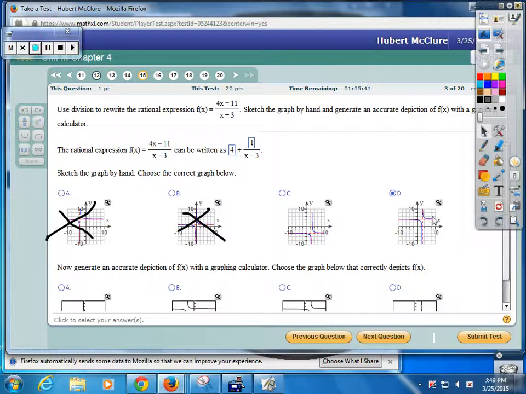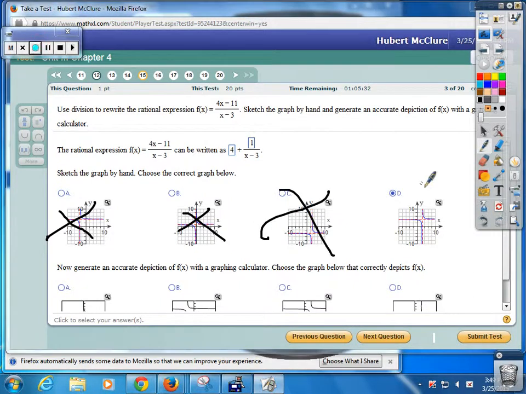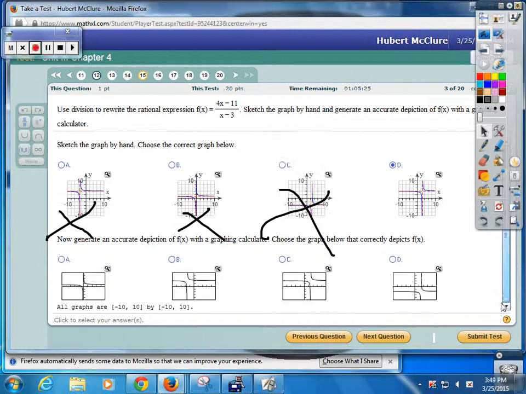So that one's not it. They tell you to do it on the graphing calculator to check your answer. You'll pick the one that looks like the one we just did. It looks like this one right here, right? Yeah.